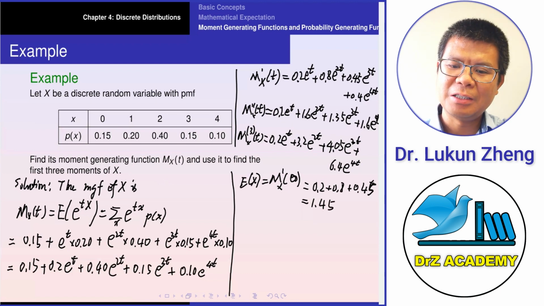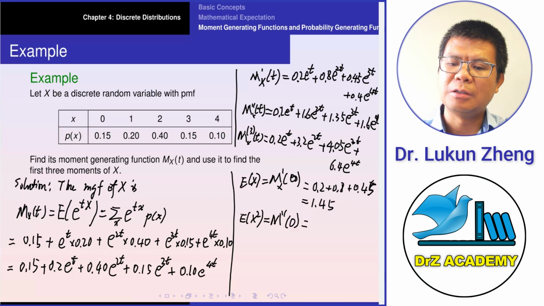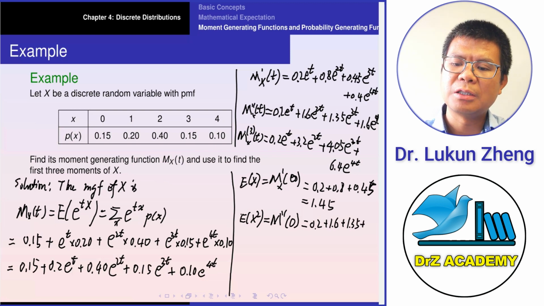And the expectation of X squared is the value of the second derivative at 0. So it is 0.2 plus 1.6 plus 1.35 plus 1.6.